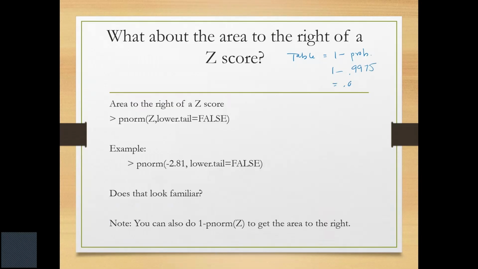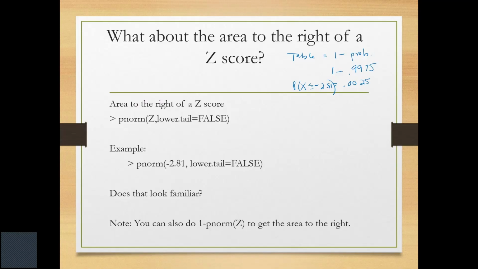And wow, we get 0.0025. That makes sense because that's actually equal to the probability of it being less than or equal to -2.81. Right? It has to be the same because the table's symmetric. So whatever's in the left tail is in the right tail beyond the positive value of that number.